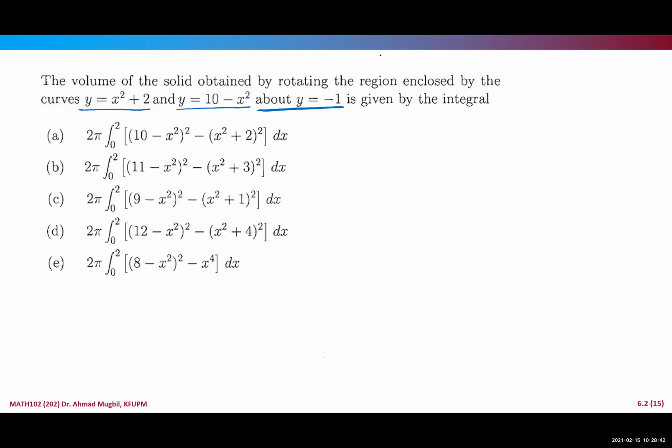Good, we have like 6 students starting to answer this question. What you will do first is sketch the graphs. You should sketch the region. So this is step number 1. You should do this.